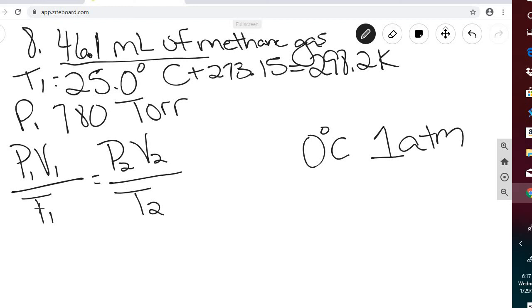Okay, and then we can go ahead and convert this 780 torr to atmosphere, since we have the standard temperature and pressure in atmospheres. So, I mean, you could convert the atmospheres to torr. It doesn't matter, but we'll just go ahead and stay with atmospheres. So, 1 atmosphere is 760 torr.